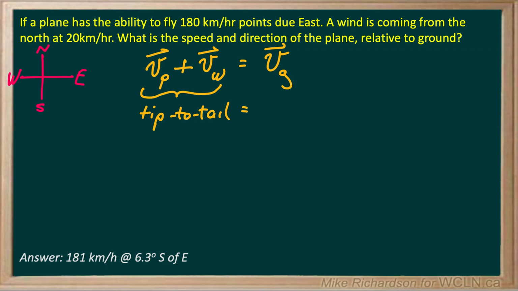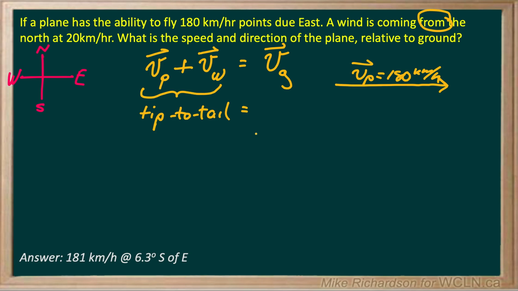The plane points due east, so VP, the velocity of the plane, will be due east, and it'll be fairly long. So there's VP, and it's 180 kilometers per hour. Now, the wind is blowing from the north, so it's actually blowing towards the south.